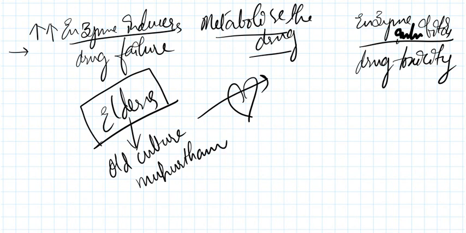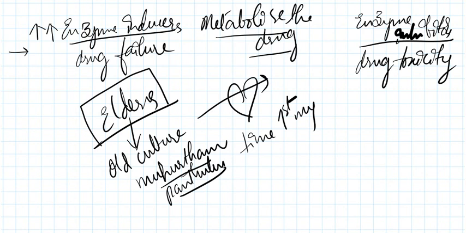You should bring the Pantulu, or the God's servant, in order to confirm the time for first night. So these elders are the enzyme inducers. If they induce, what happens? It leads to drug failure. What fails here? The first night fails because they are the enzyme inducers.